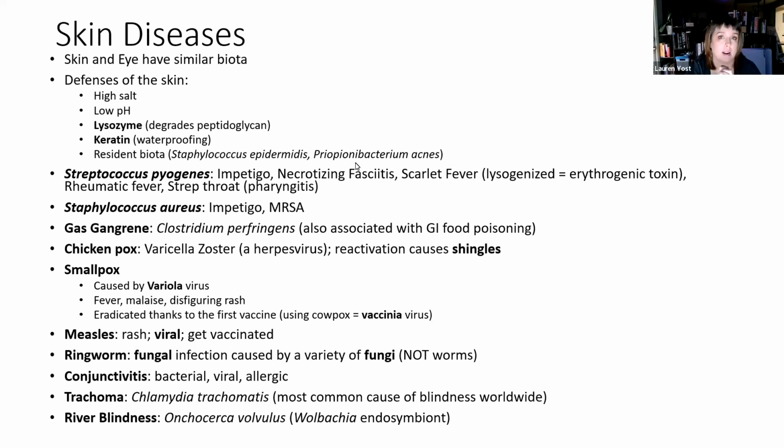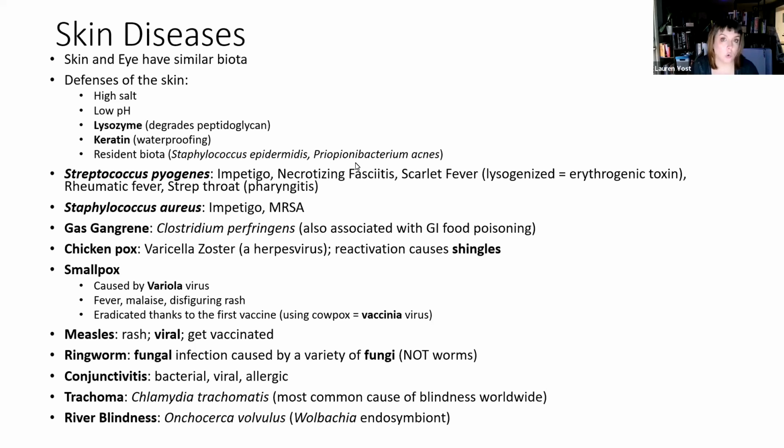And by doing that, has imparted other genes that have allowed it to produce this toxin, erythrogenic toxin, which is what produces the rash associated with scarlet fever. So that's how lysogeny can lead to increased virulence in bacteria.